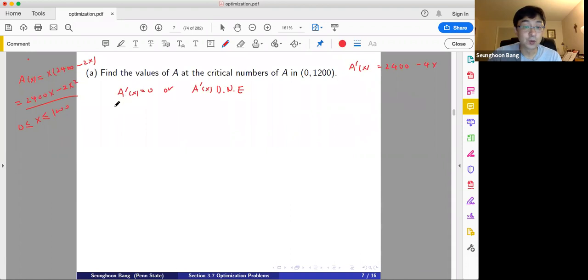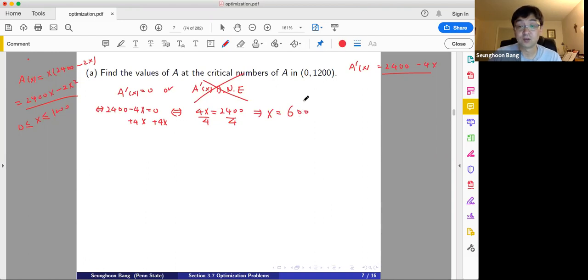So A prime of X equal to 0 means 2400 minus 4X equal to 0. A prime of X does not exist? A prime of X is a polynomial, always well defined, so that case doesn't occur. You solve: add 4X to both sides, so 4X is 2400, divided by 4. X is 600.